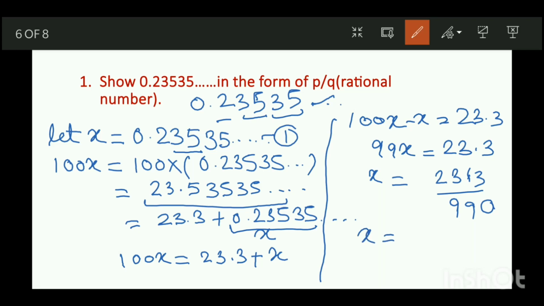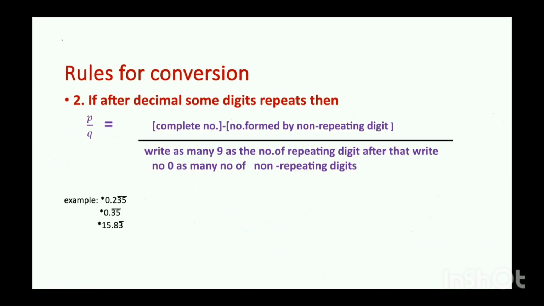So what would be the answer? 233 by 990. This will be the rational representation of the decimal number. I hope you have understood properly. Now moving to the formula.